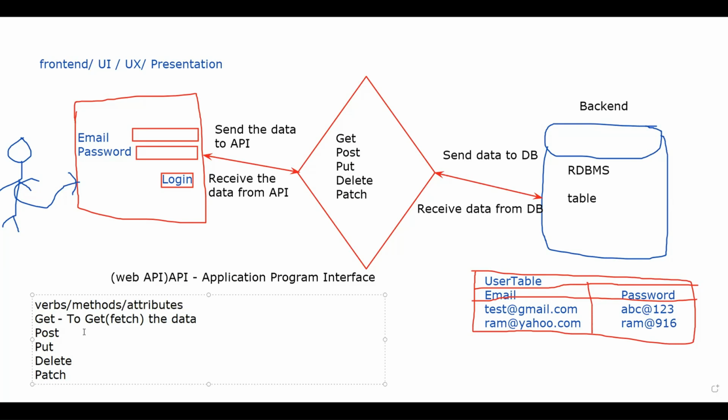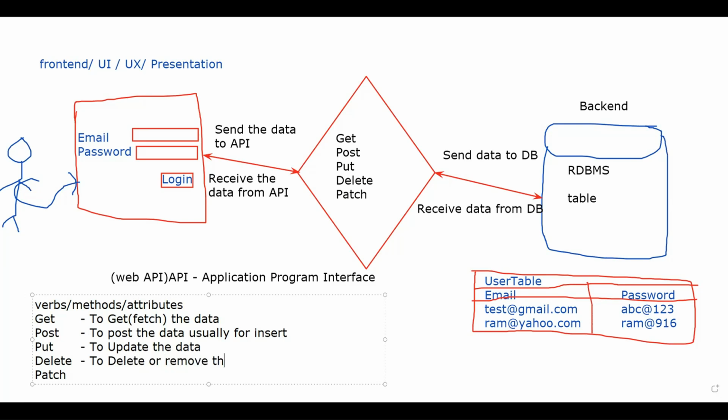Get is used to fetch the data. Post is to post the data, usually for insert. Put is to update the data. Delete is to delete or remove the data.